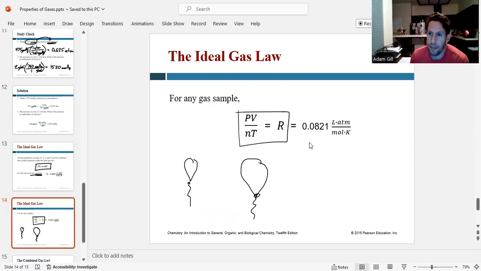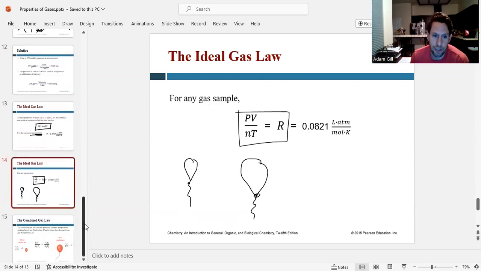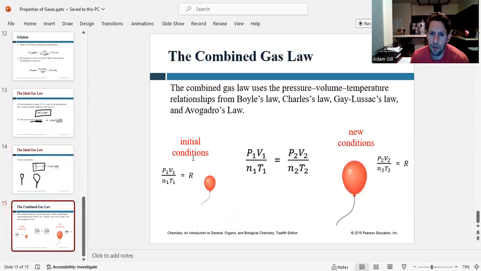And so this is useful when we're looking at changes in a gas. So if you have, let's say, a little balloon, and the initial conditions, small balloon, cold temperature, you take its pressure and volume, moles and temperature, you get R. Well, if you change the conditions of that balloon, let's say you put some more gas in there, blow it up a little more, you heat it up, it gets bigger. Well, it would have new values for pressure, volume, moles, and temperature.